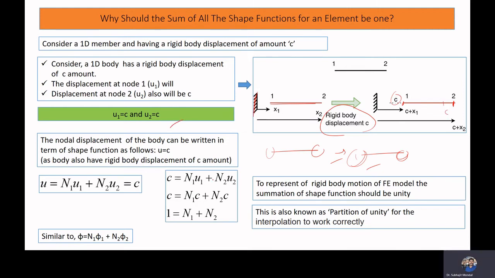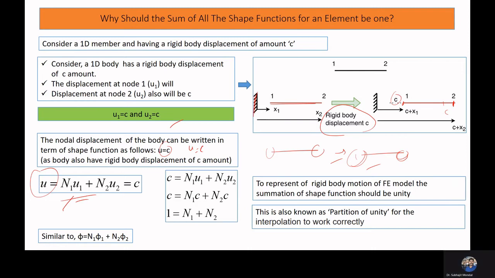Since this body has a rigid body displacement of amount c, we can write u, the displacement of the body, as equal to c. Again, we can correlate the displacement within the body through our shape functions in this way: N1 u1 plus N2 u2 for this bar problem.